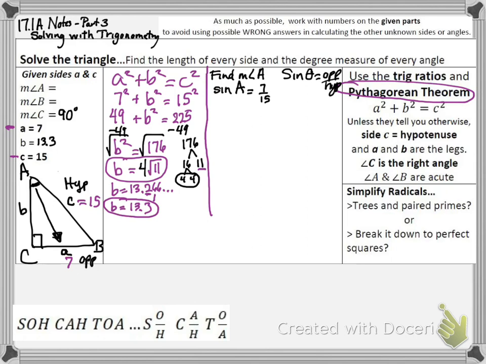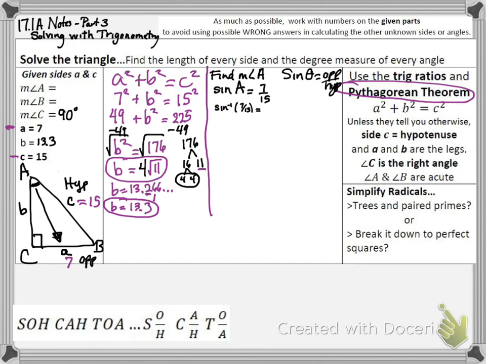I can't just divide out the word sine. That's not going to work. The only way to get the A out of the sine, the only way to find the measure of an angle, is to do inverse sine of that fraction.